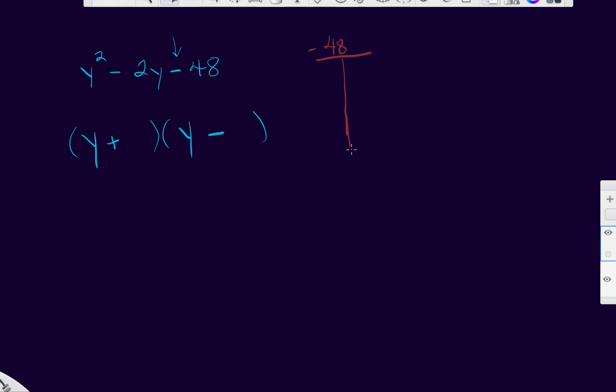There could be a few of them. So we want the negative to be a little bit larger. So is it negative 48 and 1? Absolutely not. That's garbage. Is it negative 24 and 2? Nah. We ain't got it there.